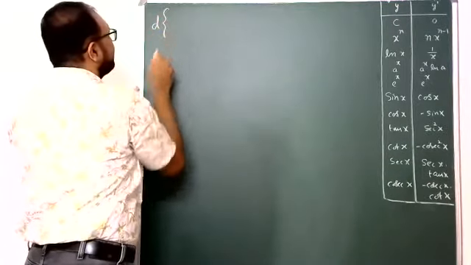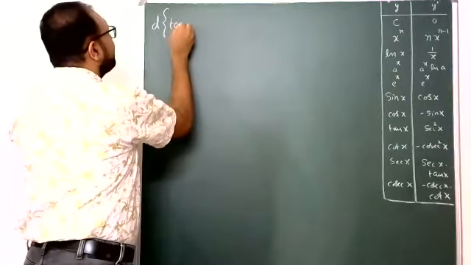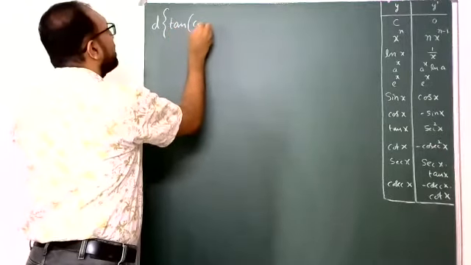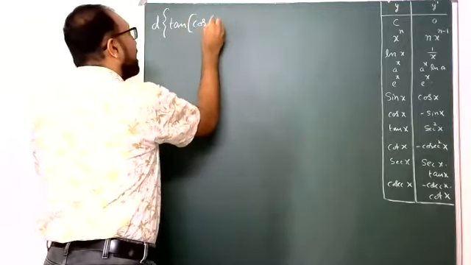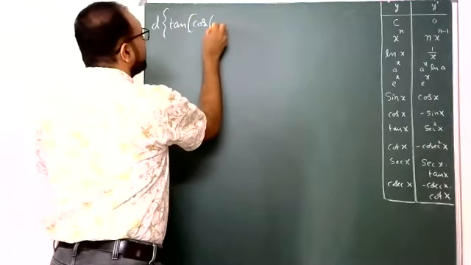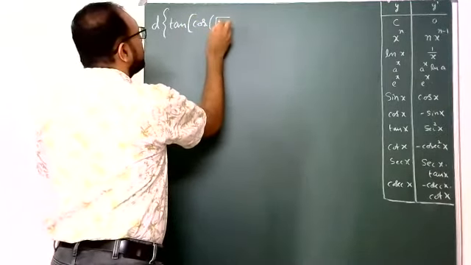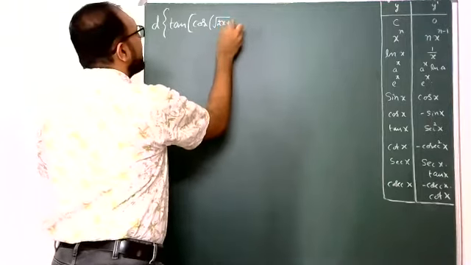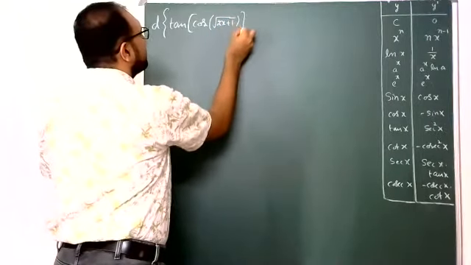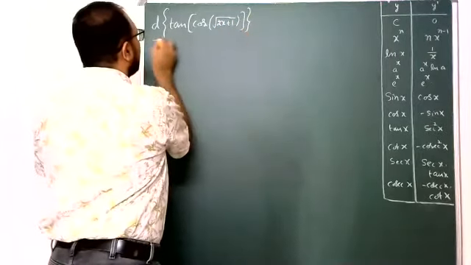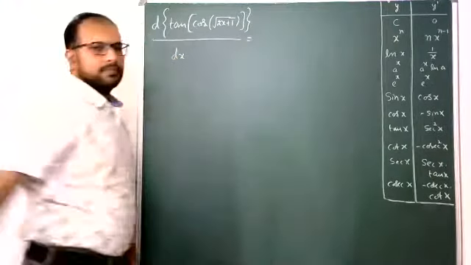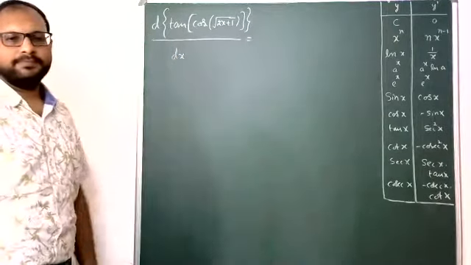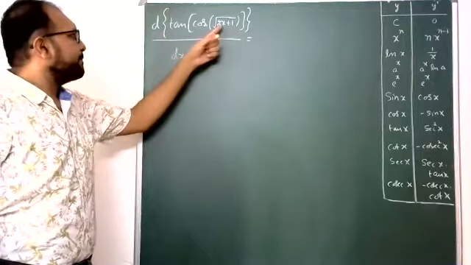Derivative of tan of cos of tan of cos of root 2x plus 1 with respect to x. This is now a function, and we need the derivative of this complete function.